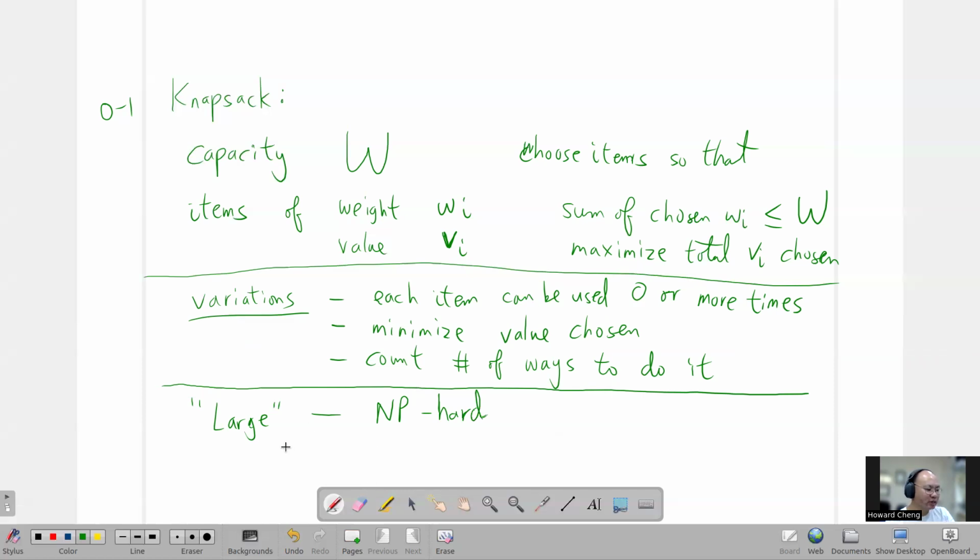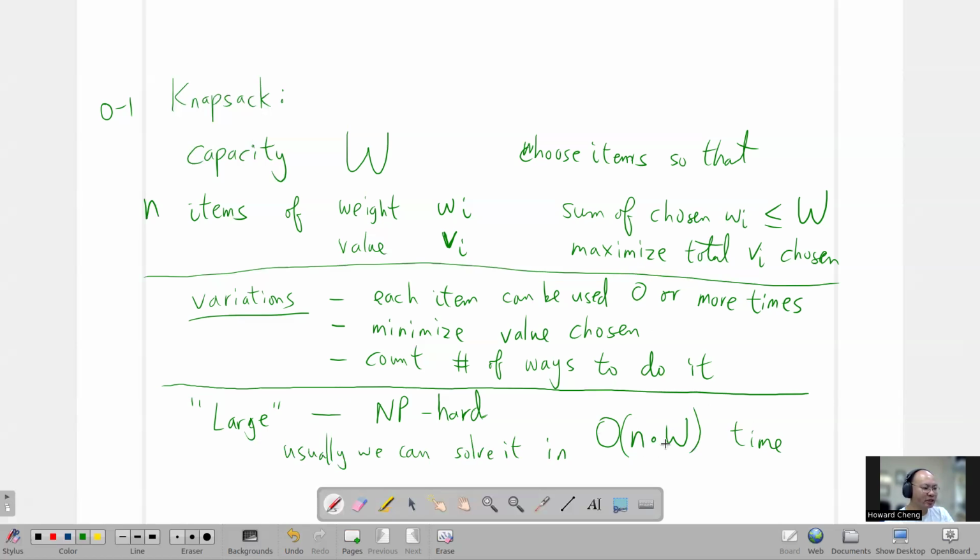And usually we can solve it in, so let's say n items, n times W time. So that looks pretty small, n times W. And you may say, well, why is that not polynomial?